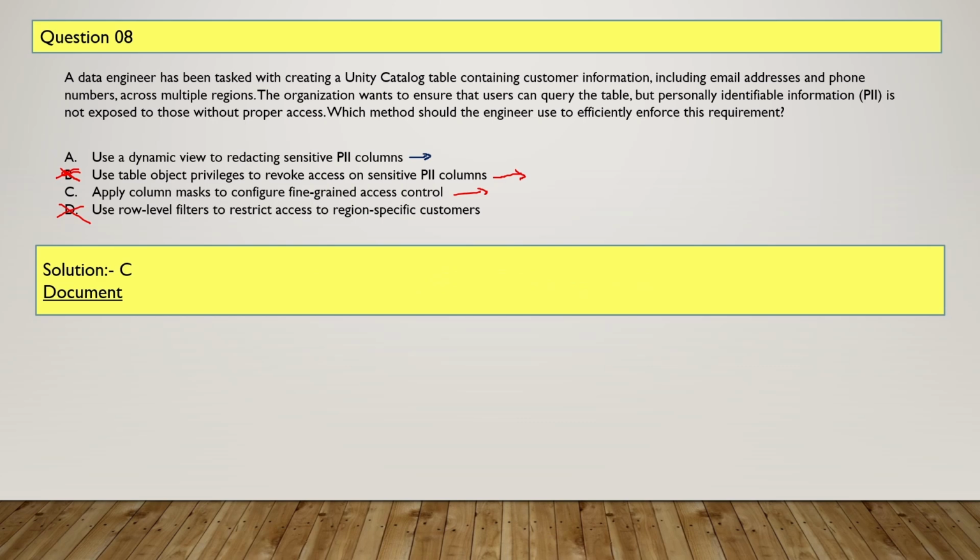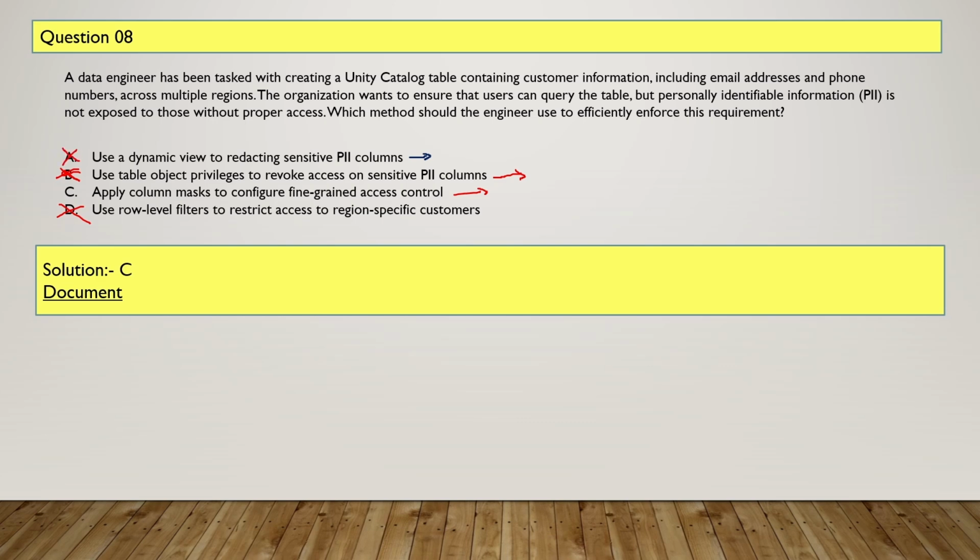For A, we can create a view, but in that scenario we have to manage a few extra views and use them in the ETL. So this is also not good.